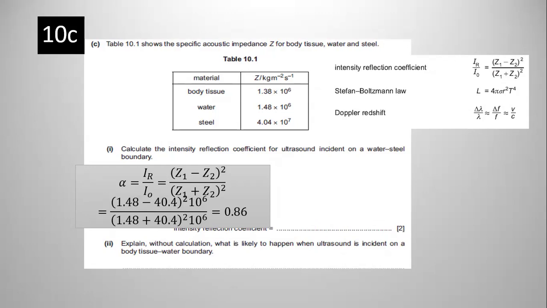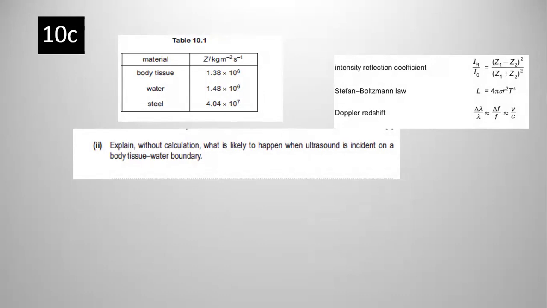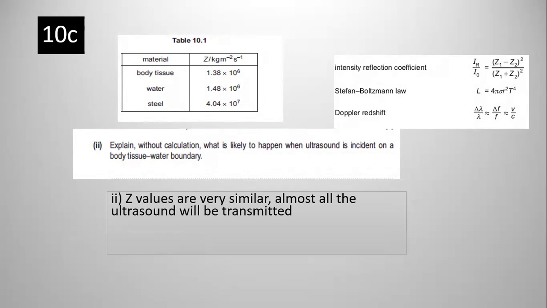The intensity reflection coefficient is almost 0. The Z values are very similar, so almost all the ultrasound will be transmitted. That means the reflection is very small, almost zero. Almost none of the ultrasound will be reflected.